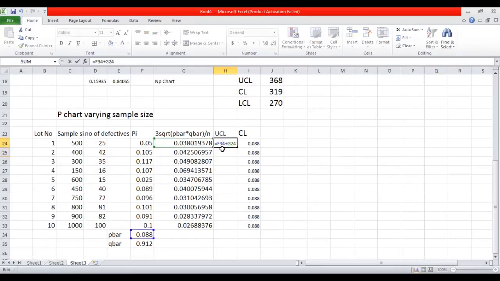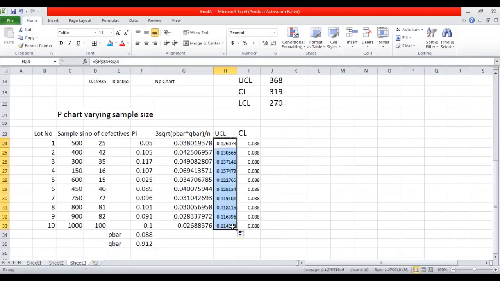Here the P bar value is constant, so I'll use the dollar symbol, and similarly here also I use the dollar symbol. We get the same UCL, and you can drag these values. We get the different UCL values.